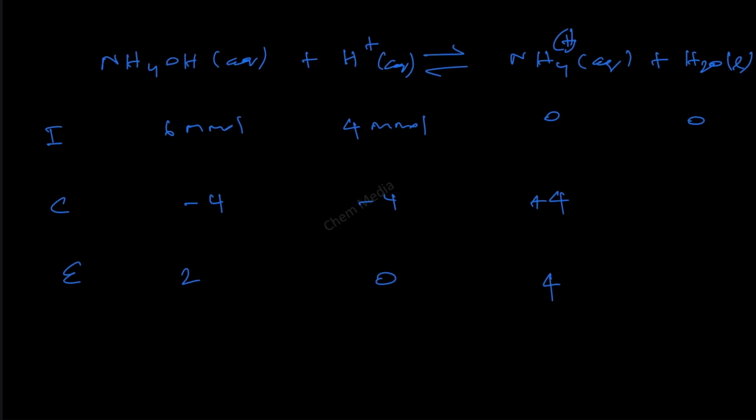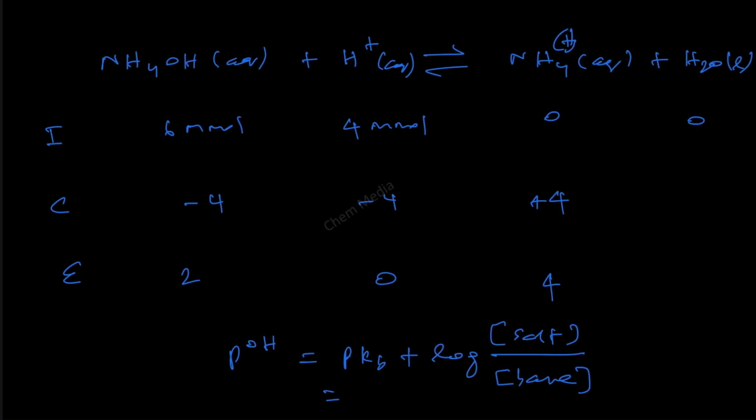And we know that pOH is equal to pKb plus log of concentration of salt divided by concentration of base. The value of pKb given here is 4.7, plus log of concentration of salt, 4 millimoles, over concentration of base, 2 millimoles.